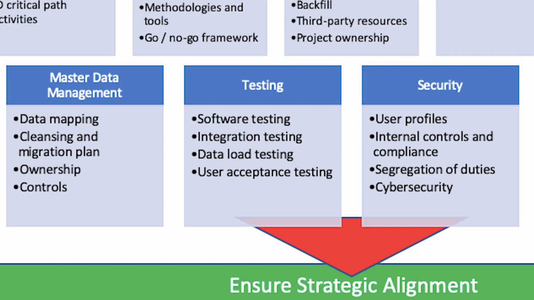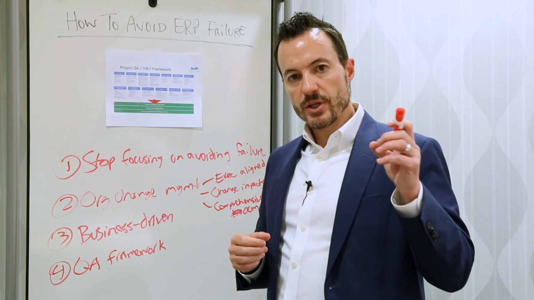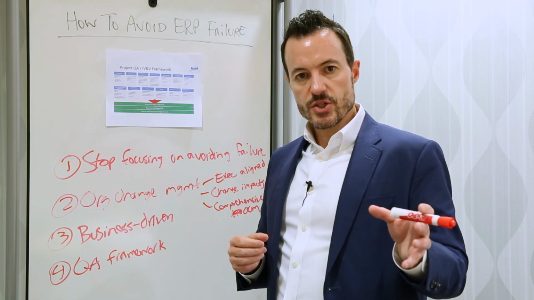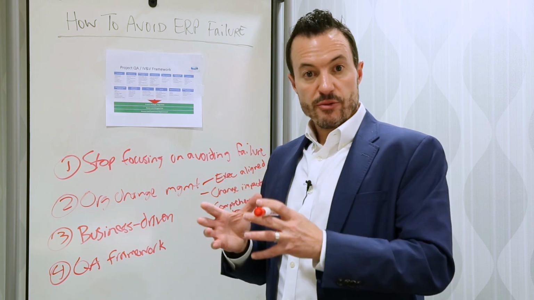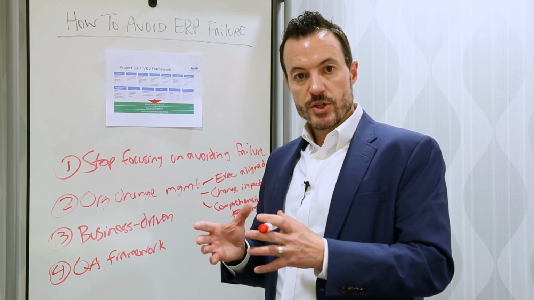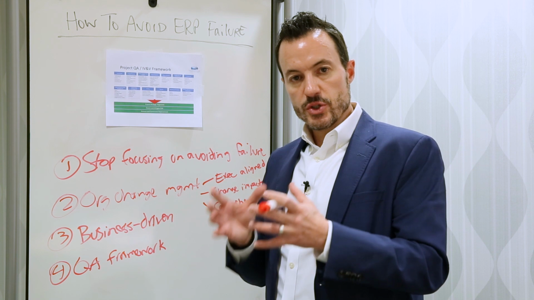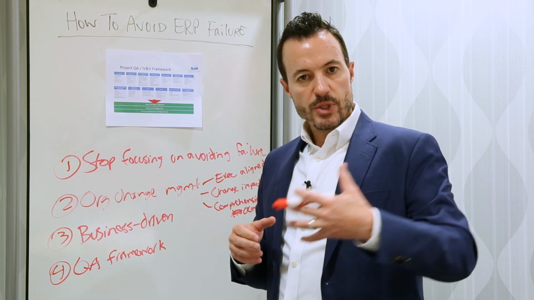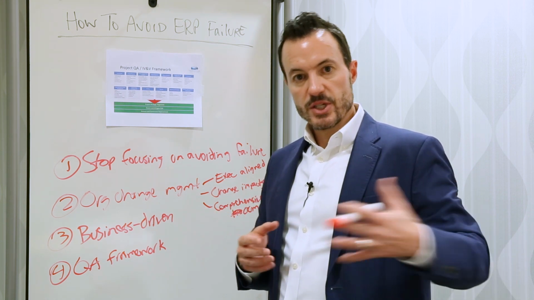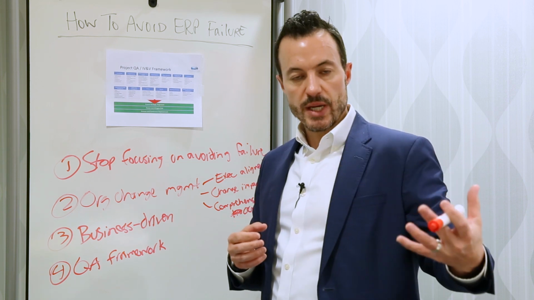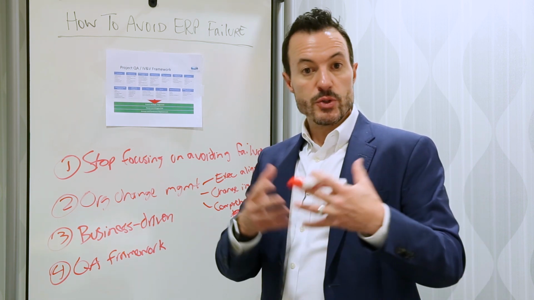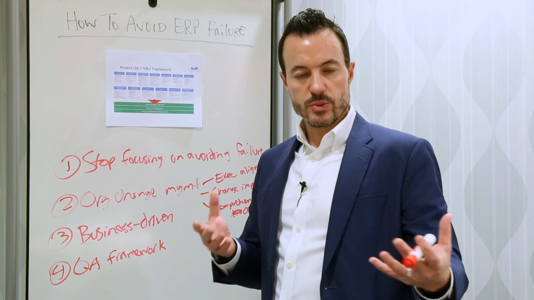Testing. We're not just talking about technology testing and software testing, but user acceptance testing, working through different scenarios, working through your business processes, and ensuring that the frontline people within your organization have signed off on how the technology works. That not only helps us make sure we have a solid solution we're rolling out to the organization, but it also helps from a change management perspective because now we've started to train people and educate, get them involved in the process and understanding how this whole thing is going to look once we go live.